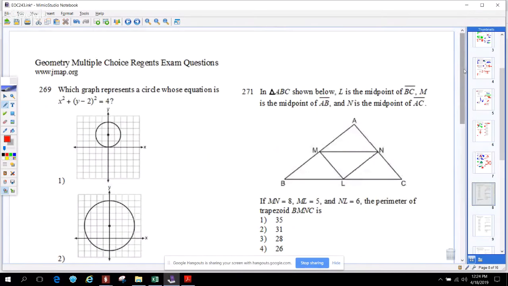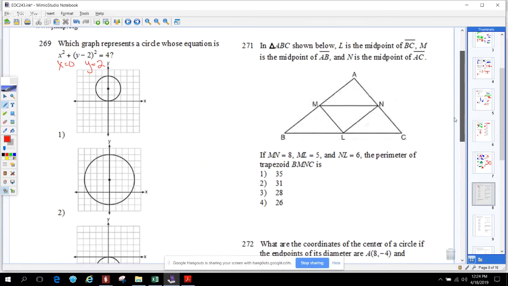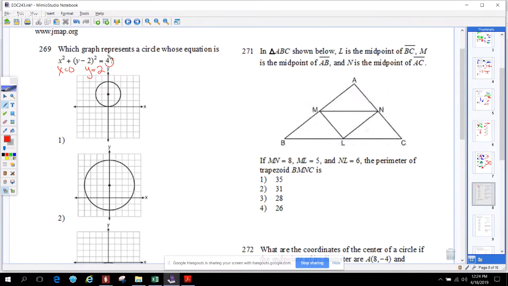Let's try to just finish this next page. Which graph represents the circle? We know that our x has to be 0 and our y has to be +2. So over 0, up 2. Didn't we do this one already? And then it says here, it says 4. We know that 4 is the radius squared, so we have to take the square root to get the radius.